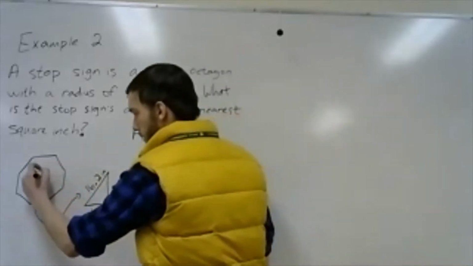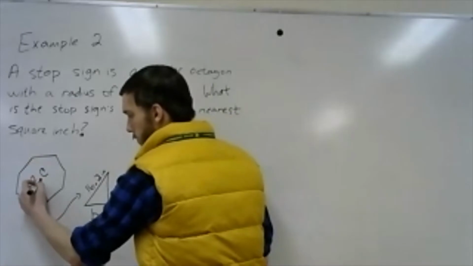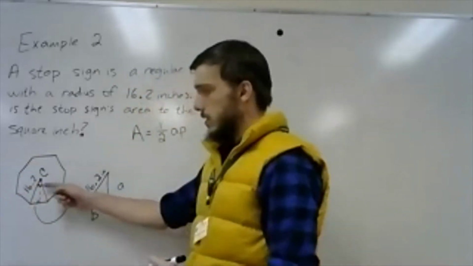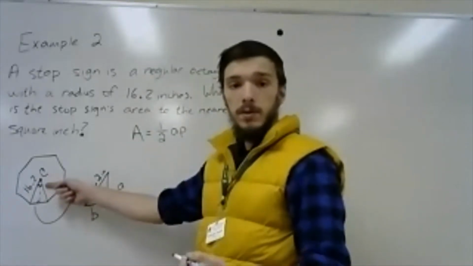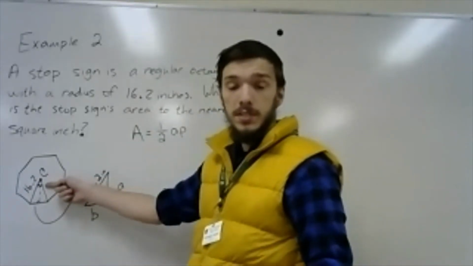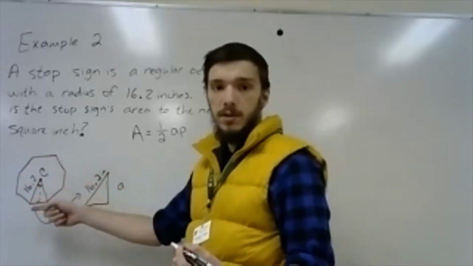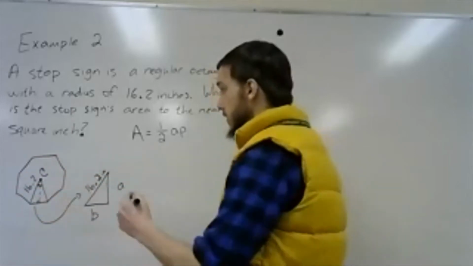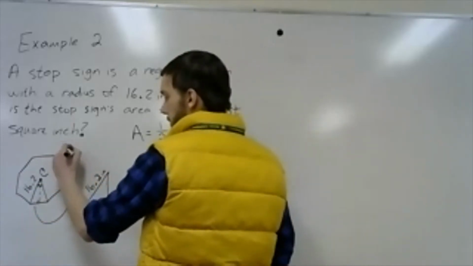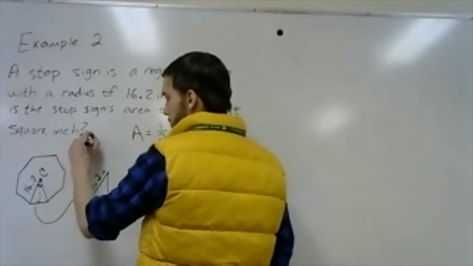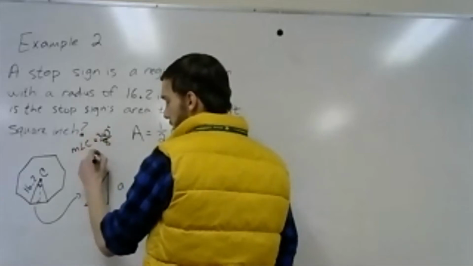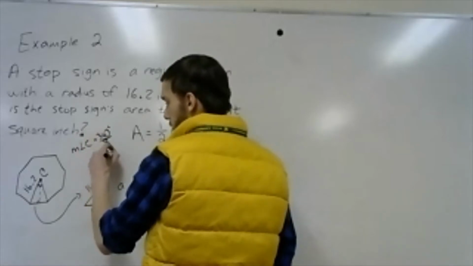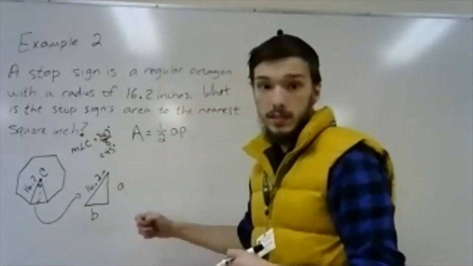Well, let's call this whole angle inside of here C. Now remember, to find the angle of C, all we have to do is take 360 divided by the number of sides of our polygon. So the measure of angle C is 360 degrees divided by 8, or 45 degrees, right?